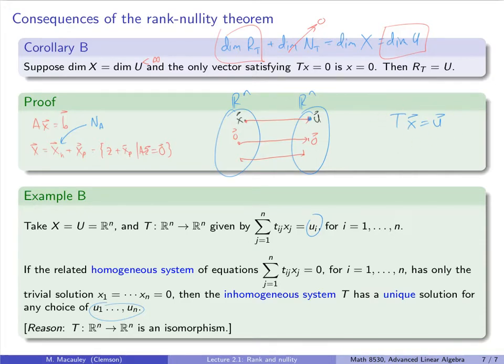That's something we know from the more general result we learned: if the null space is trivial, then it is just the 0 vector, so we get a unique solution. But this is a more direct way to see it, because if the null space is trivial, then the range is everything, so this is bijective, and so any U you have over here has exactly one preimage over here.